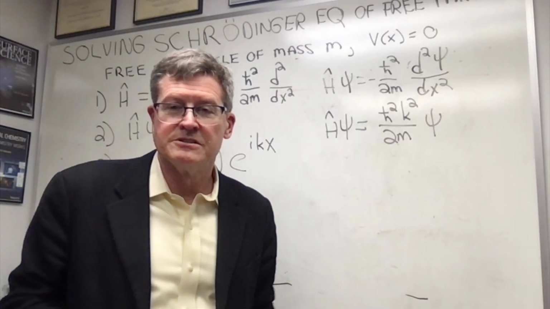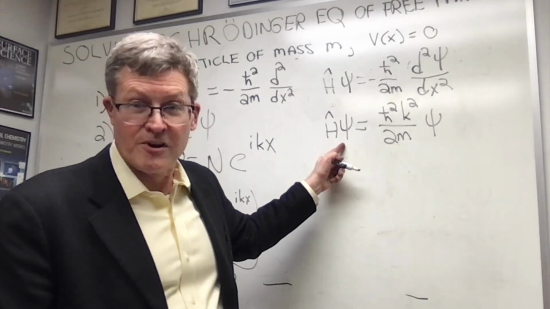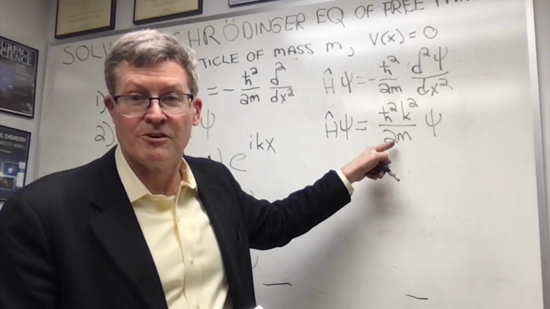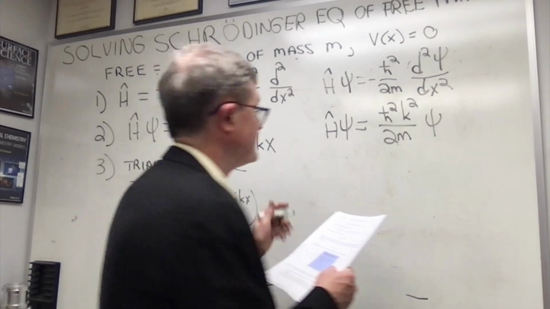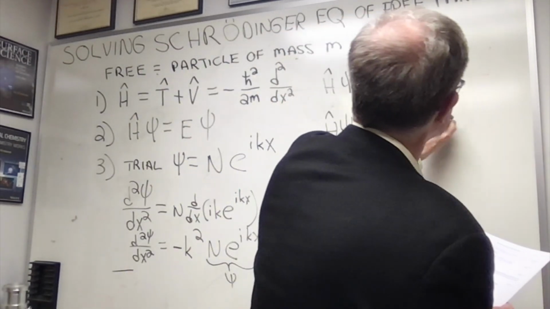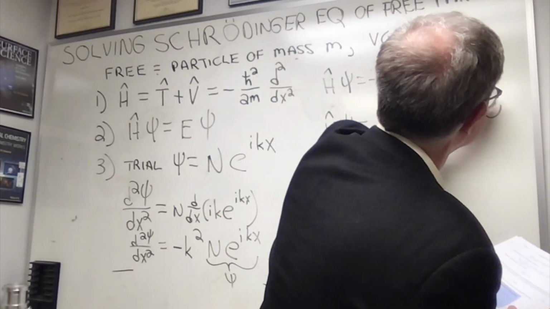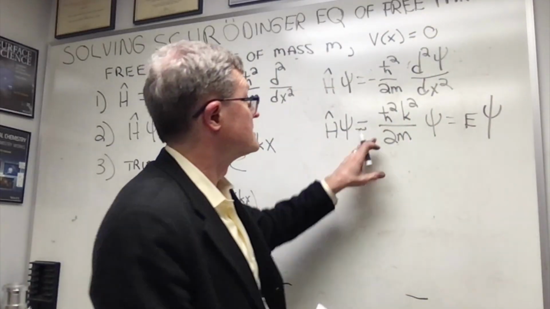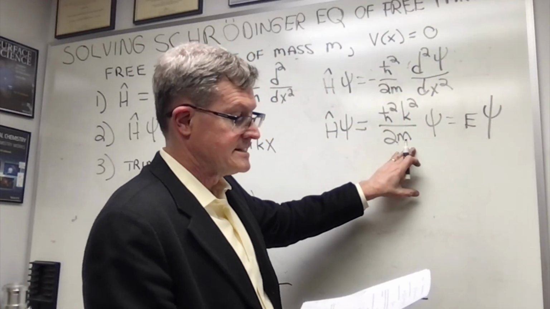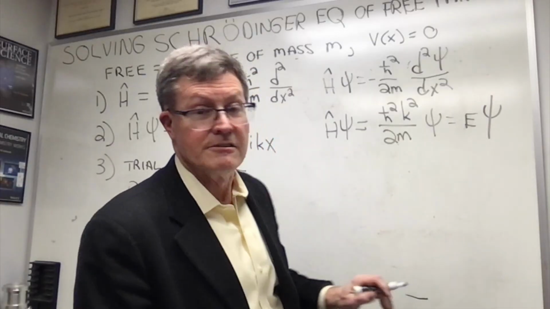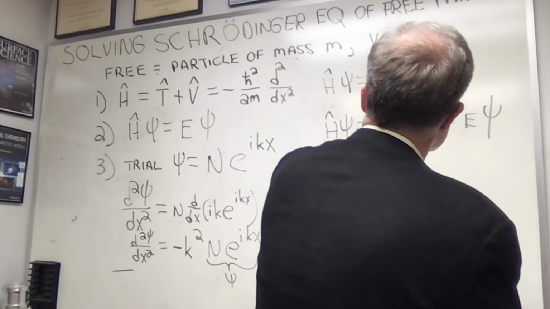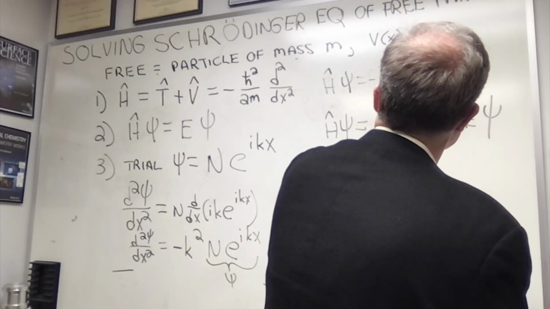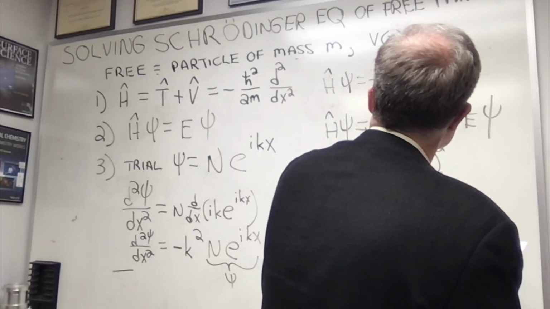Order of operation is important. Operate first, get your answer, then you can get rid of the psi. We see that this has got to be equal to E psi. In other words, the constant out front is equal to the energy. Energy is equal to h bar k, that quantity squared, over 2m.